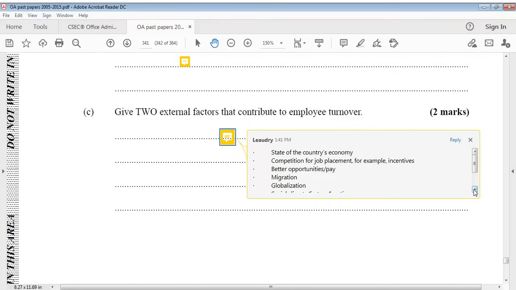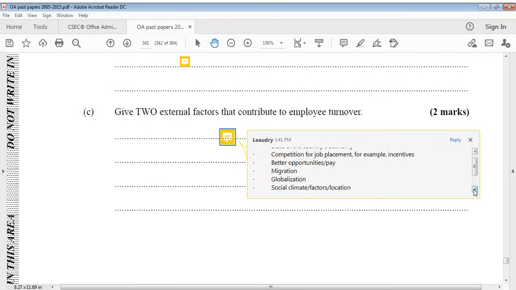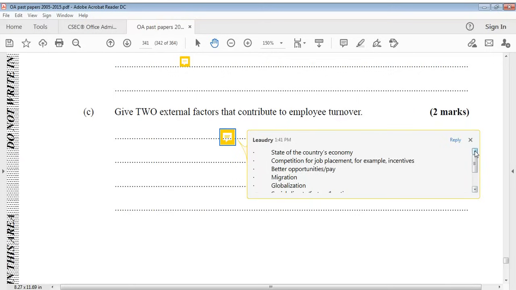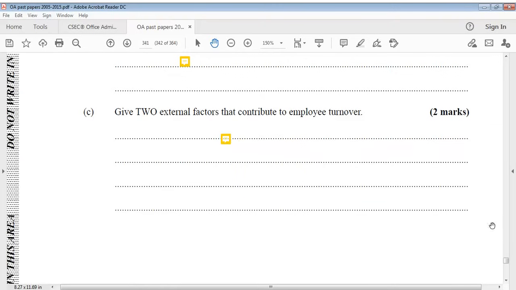Better opportunities or pay. 4. Migration. 5. Globalization. 6. Social climate factors or location. So you could select any 2 from these 6 for your answers. So any 2 from this, and you will be rewarded 2 marks.